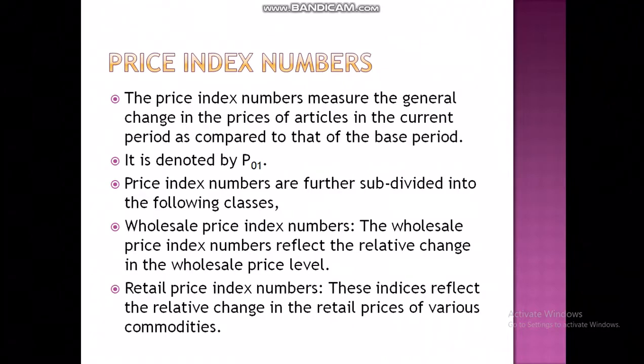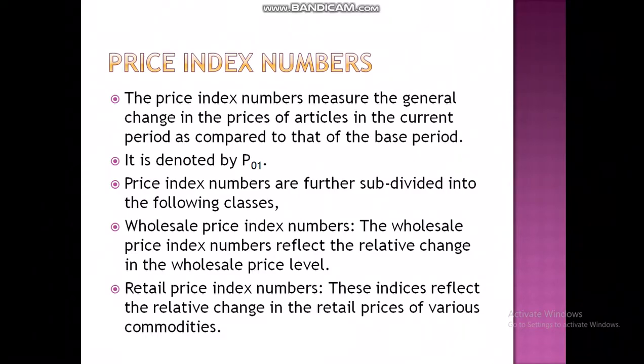I hope all of you know what is wholesale price and what is retail price. Wholesale price is the price for which a distributor or a retailer has purchased. Then retail price is the price that we consumers will pay for any items or for any goods.